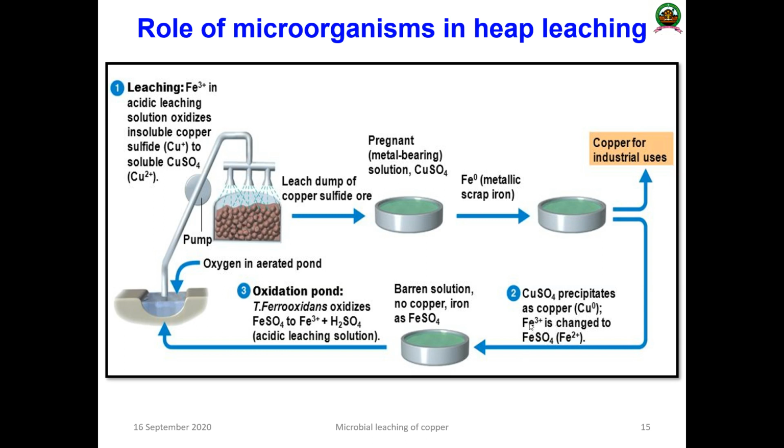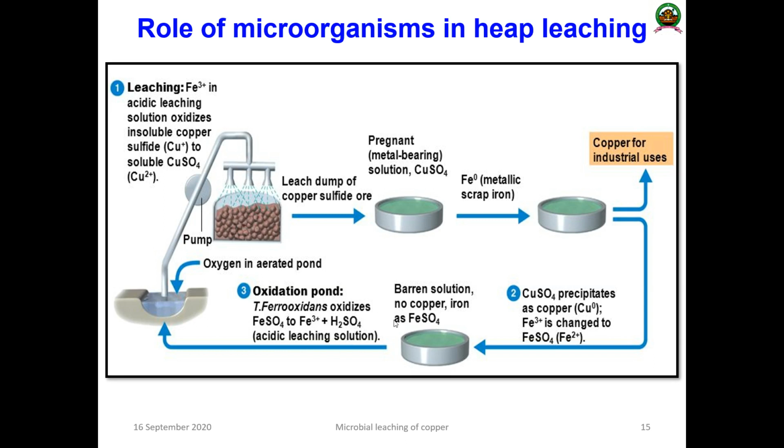Okay, the ferric ion will be converted into ferrous ion, and there will be a barren solution with no copper, with iron as ferrous sulfate, and here the oxidation. This is the oxidation pond where we have Thiobacillus ferrooxidans, which oxidizes ferrous sulfate to Fe3+ and H2SO4.